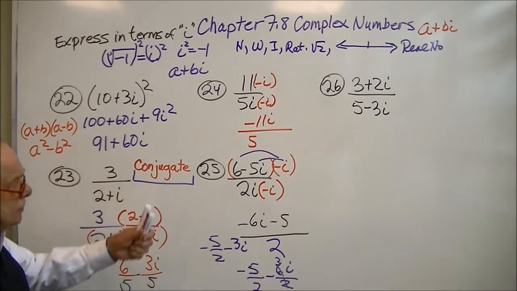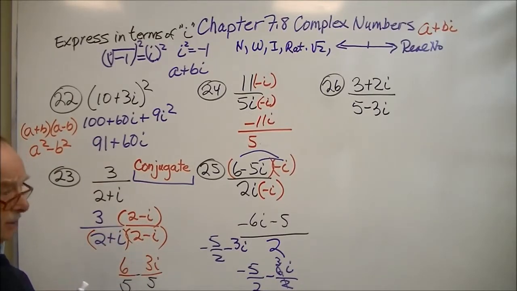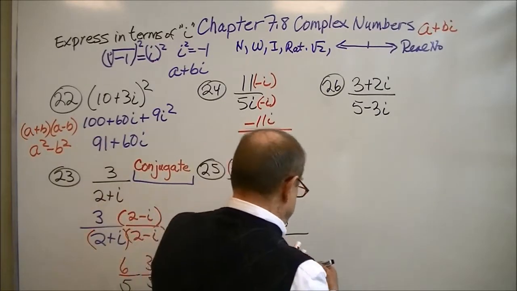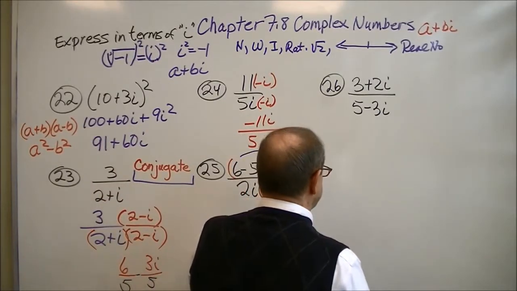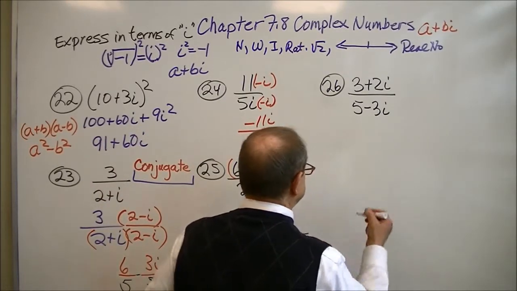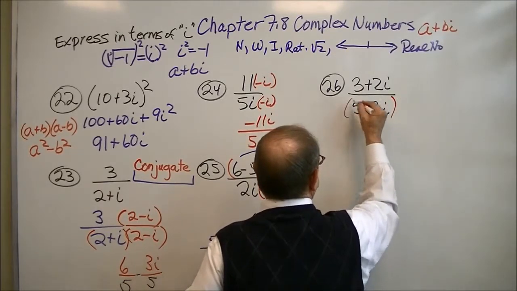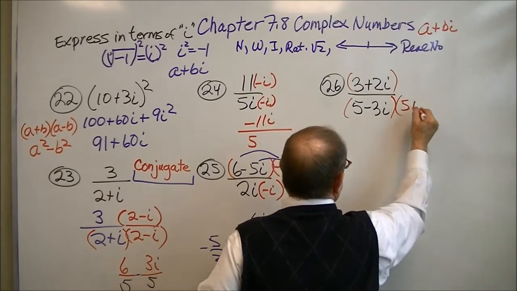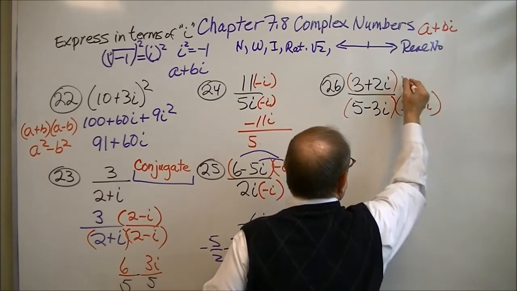Again, we are showing you strategy here, but we also want to be sure you understand what we're doing. So the conjugate of this now will be 5 plus 3i.